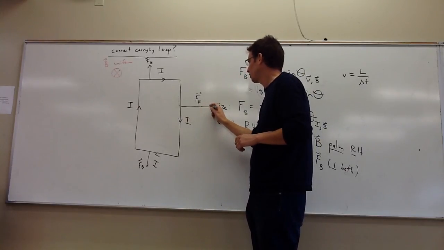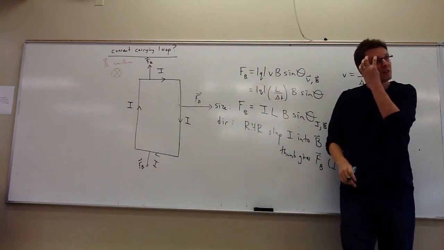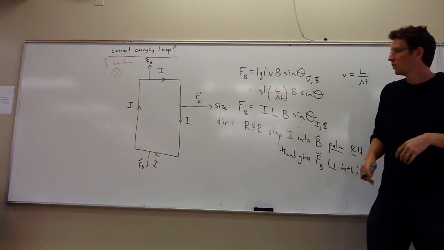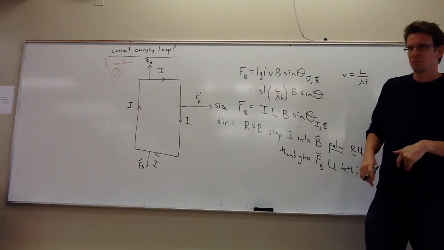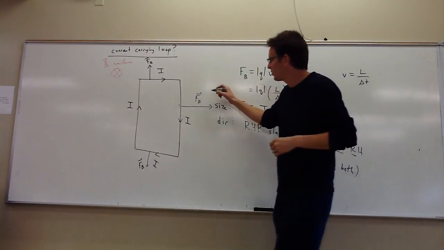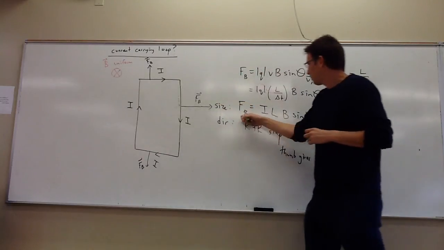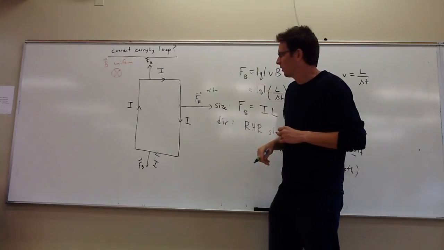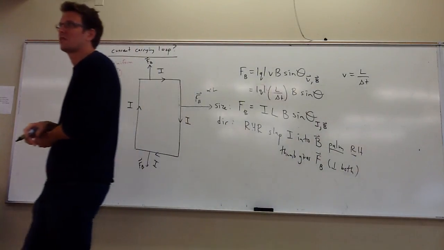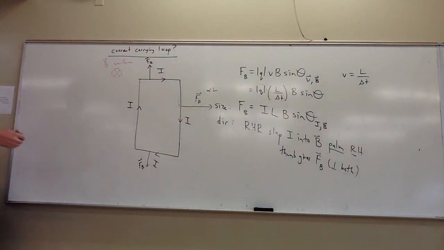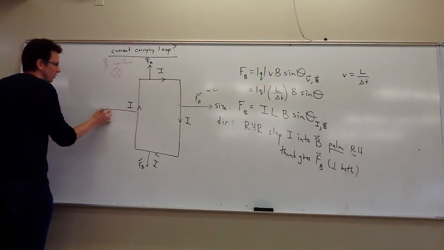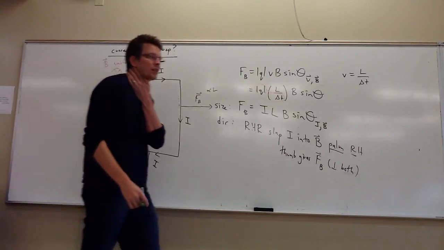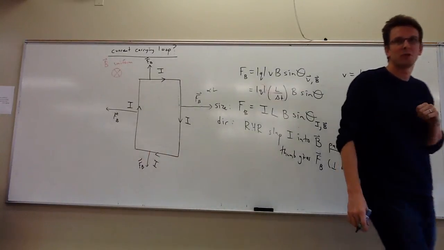Even though it's the same current in the same field, why is it larger? It's longer, exactly. So this is larger because the force is also proportional to the length. That's a little bit longer of a side, so the force is a little bit larger. Just to spare you the suspense, same amount of force, but in the opposite direction on the other side. Make sure you can get that with the right-hand rule.